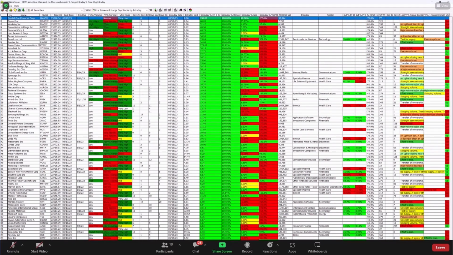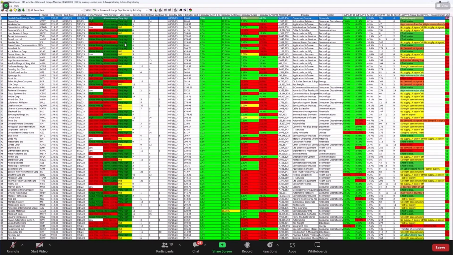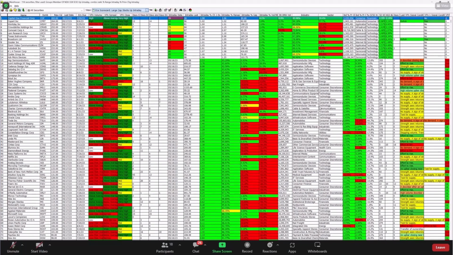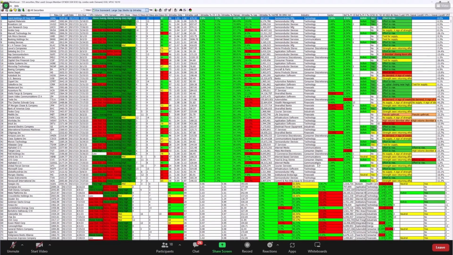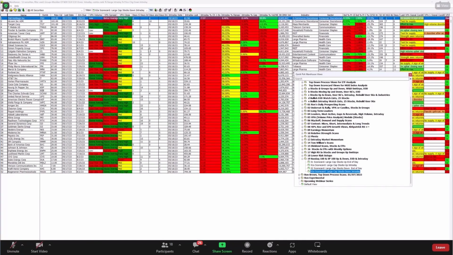Take my word for it, there's about 170 stocks in there when those two are combined. Okay, let me get this back up here so we can see the quick thing. So large cap stocks up intraday, large cap stocks down intraday is right here.